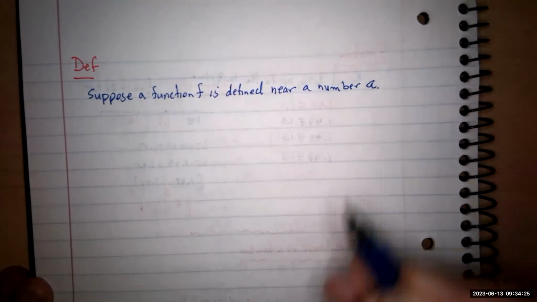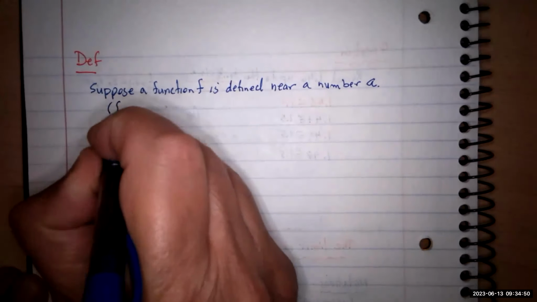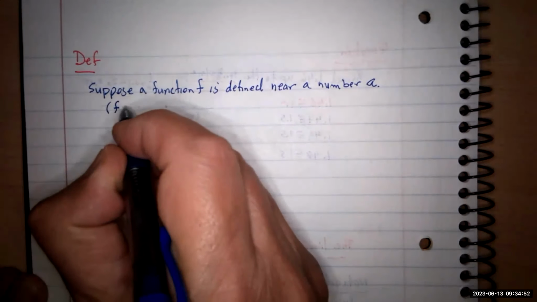Near a number a means this function is defined around the a. We don't assume that the f is defined at a. Even sometimes you may get the fact that f of a does not exist, but it doesn't matter. We are interested in the values around a. If the function is also defined at a, that's fine, but we don't require that one. So this would be the first thing that we have to consider.